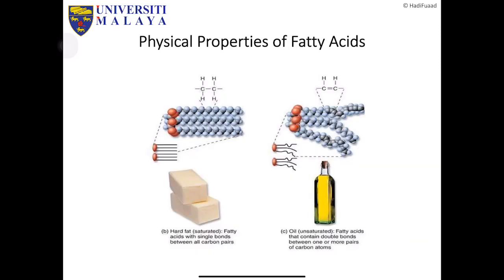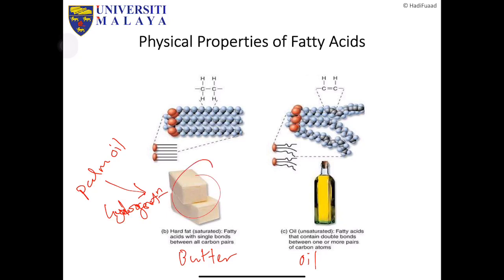Okay, so again, this is a structure. A good, or the easiest, example is butter compared to an oil. They can be made from a similar structure, a similar original ingredient. For example, they can be made from palm oil, and via hydrogenation, you can form butter.